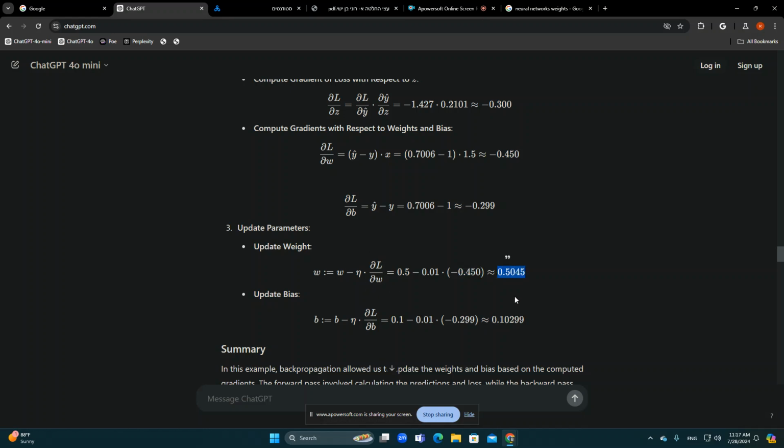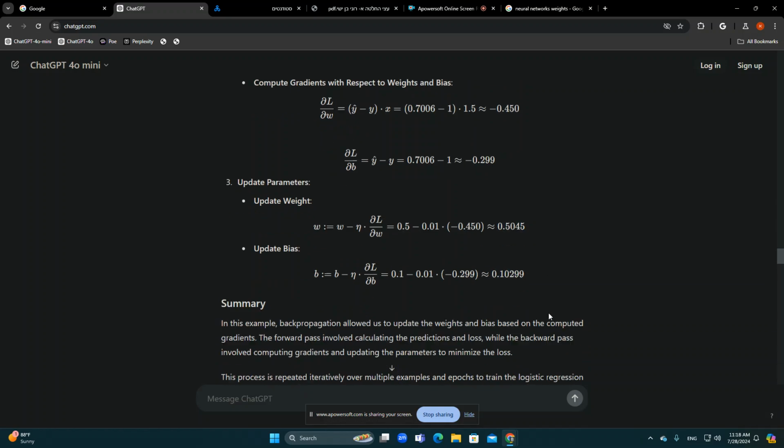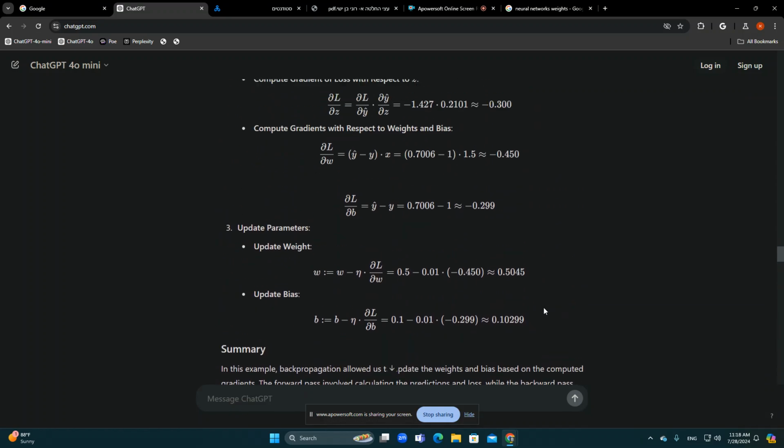This is the new weight. You can see how we apply this and we update the weight. And we also update the bias in this, and updating the bias gives us this one. So here we update, we have now a better model.